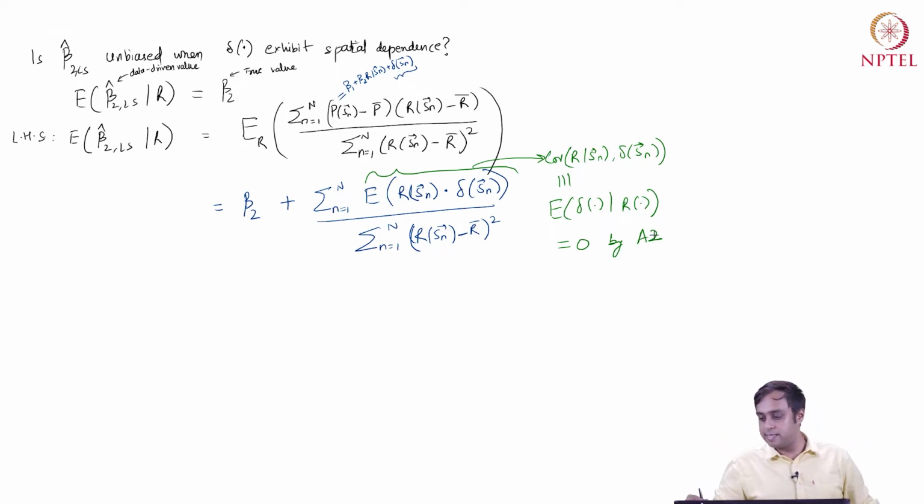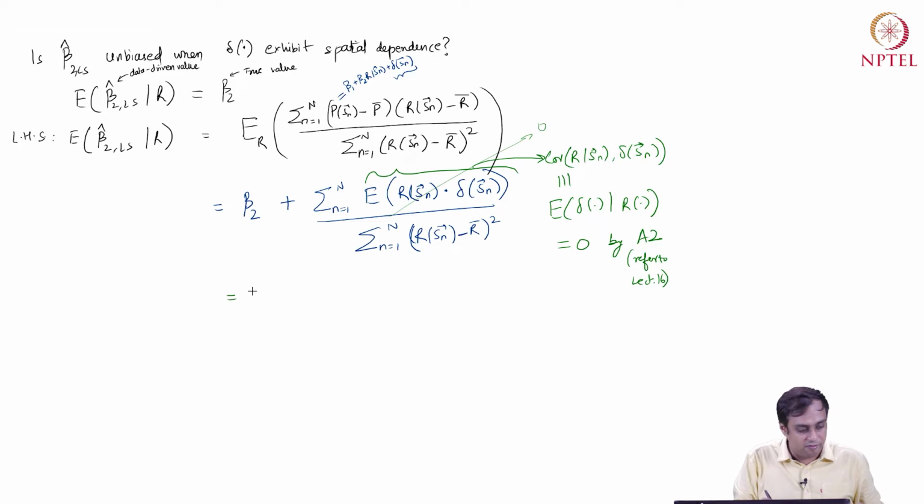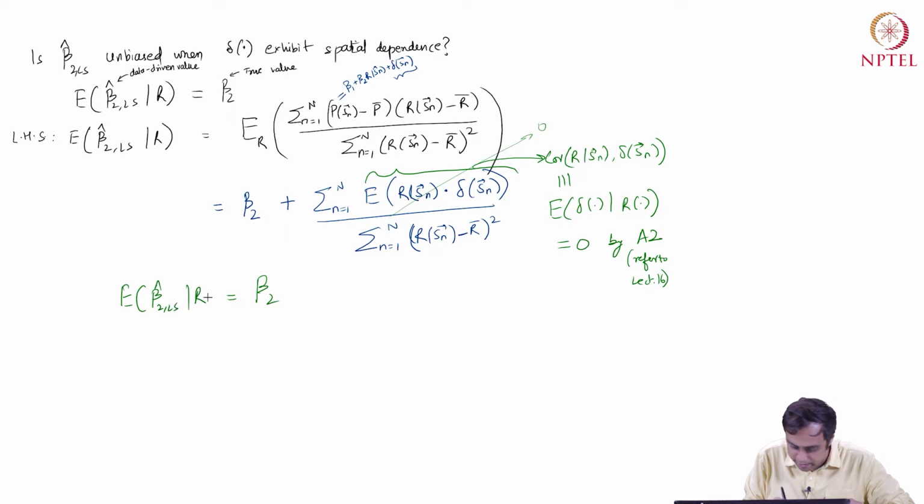When I say A2, I would always refer you to lecture 16, okay? Lecture 16, as you can see, is very, very critical. So what will happen is that this second term will vanish and I am left with beta 2. So the expectation of beta hat 2 LS given the data on R is just the true value beta 2.